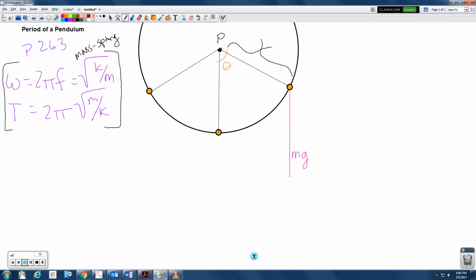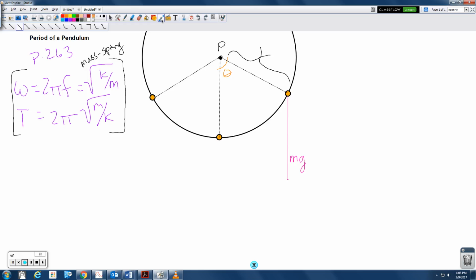Let's continue. The tension T in the cable creates no torque because it points directly at the pivot P, and therefore has a 0 lever arm. That has to do with the angle between the lever, or the axis of rotation, and the force of tension. We will call the force of tension, simply to illustrate it, green.